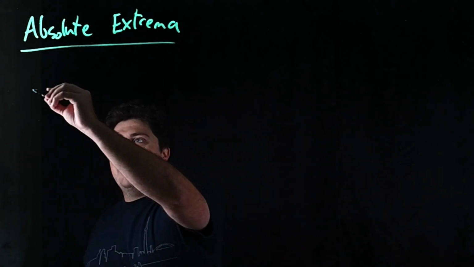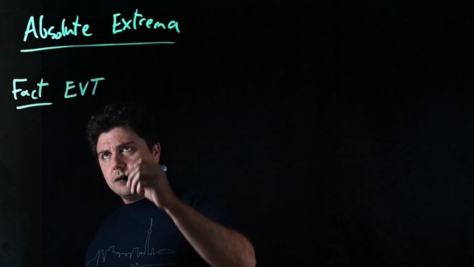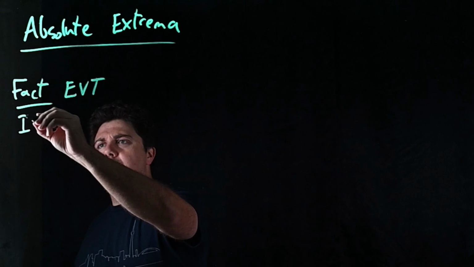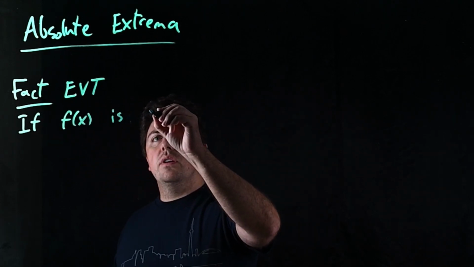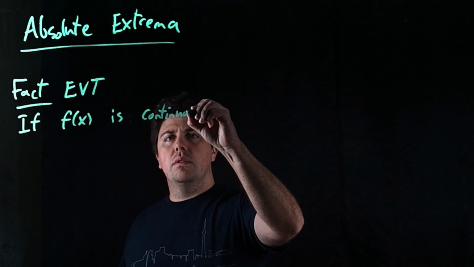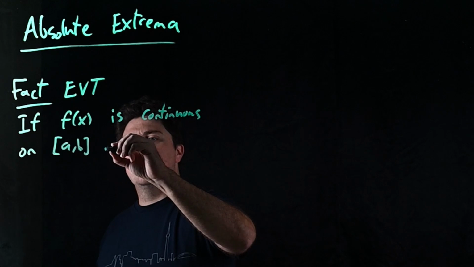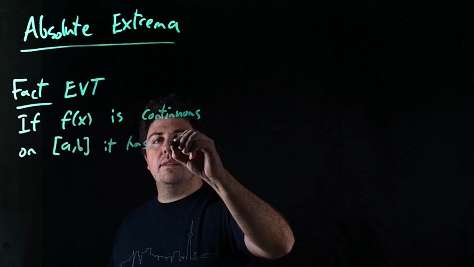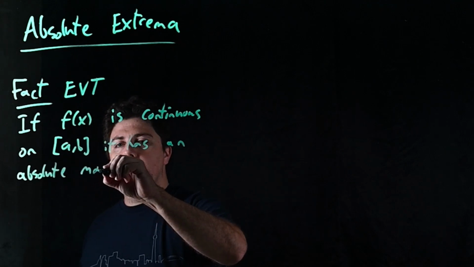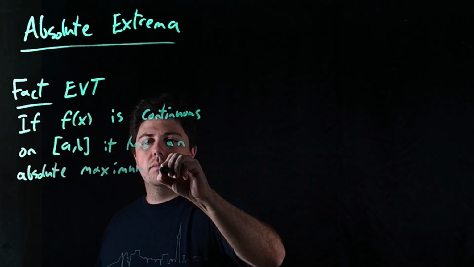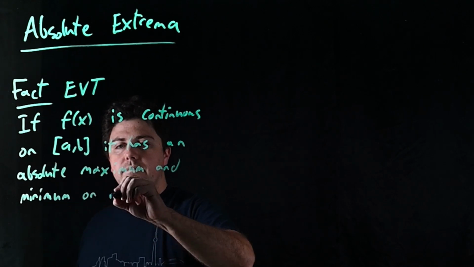So first of all, we have a fact, and this fact is called the EVT. And this says if f of x is continuous on a closed interval, it has an absolute maximum and minimum on that interval.